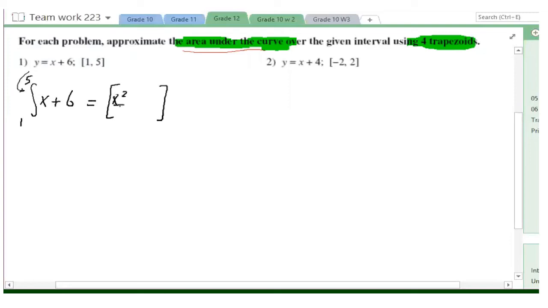which is x squared over 2 plus 6x from 1 to 5. I'm going to replace x with 5 minus the value at x equals 1.